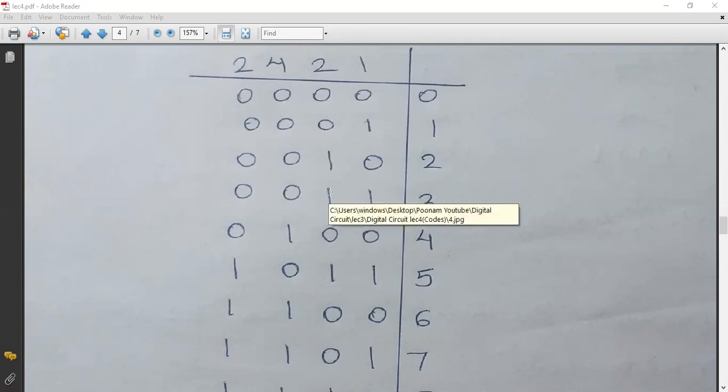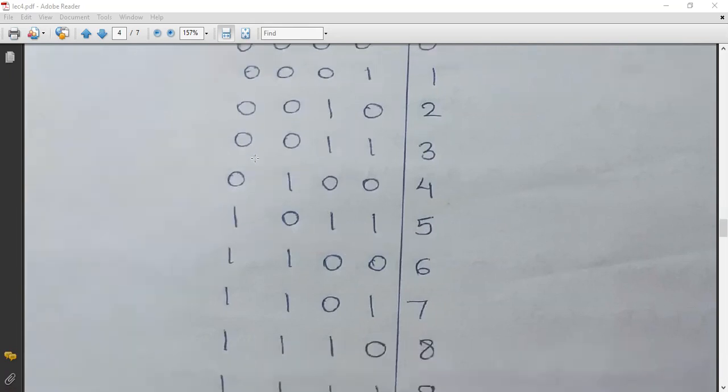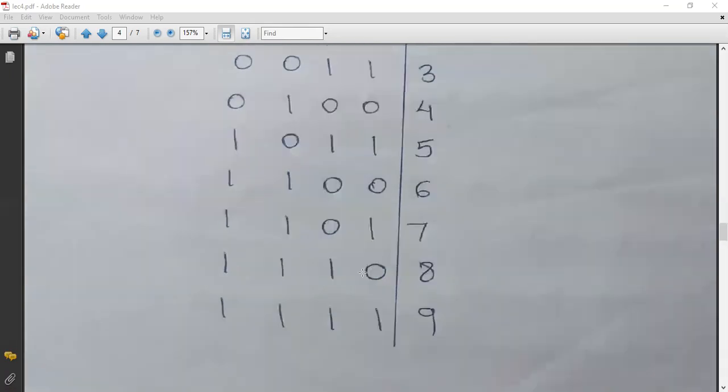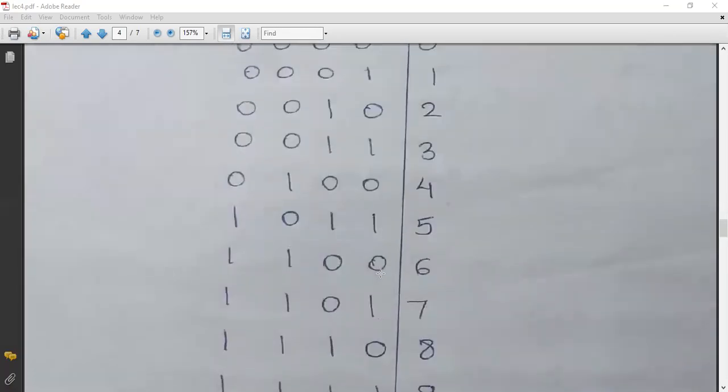So we mark 1 for 2 and again 1 for 1. Similarly for 4, 4 is present, so mark 1 here. 5: how will 5 be formed? 2 plus 2 is 4, 4 plus 1 is 5, so let's mark it by 1. Similarly we are going to follow this procedure for the remaining numbers.